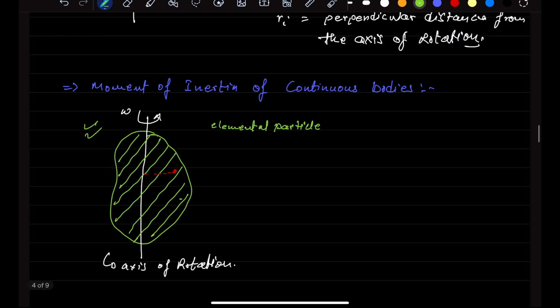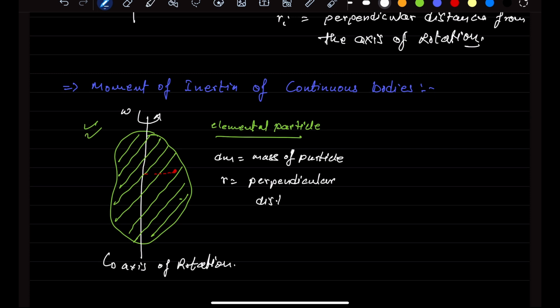For this elemental particle, I'm defining dm as the mass of the particle and r as the perpendicular distance, and from where? No, it's from the axis of rotation. So r is the perpendicular distance from the axis of rotation.